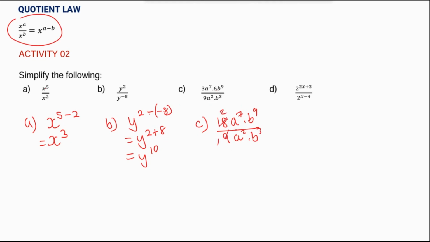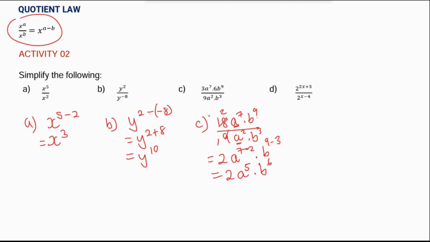And then now this power and this power have the same base, so we can subtract the exponents here. So we're left with 2, and then times a to the power 7 minus 2, then b to the power 9 minus 3, and then this is 2 times a to the power 5 times b to the power 6.